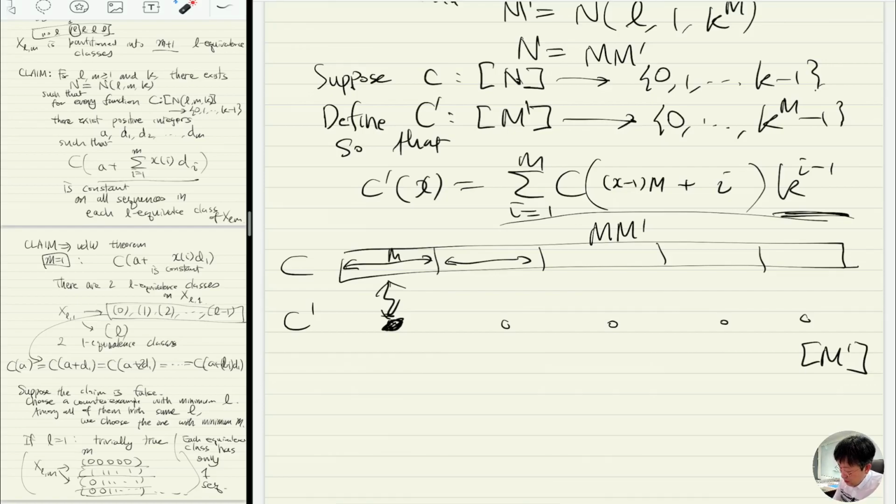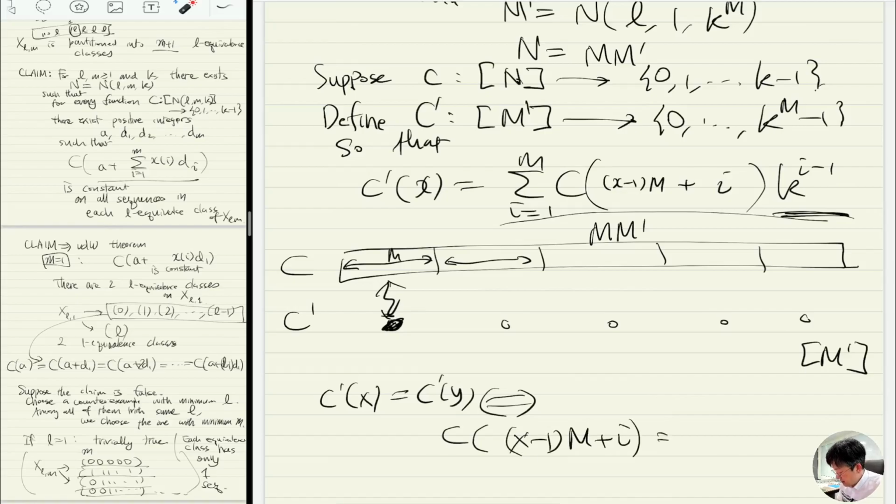So we can deduce that if C prime of x is equal to C prime of y, then C of (x minus 1)M plus i is C of (y minus 1)M plus i for all i from 1 up to M.